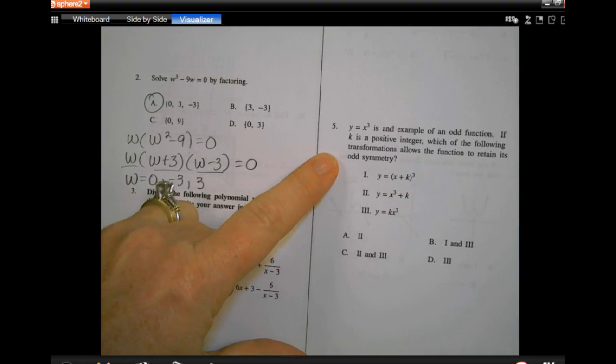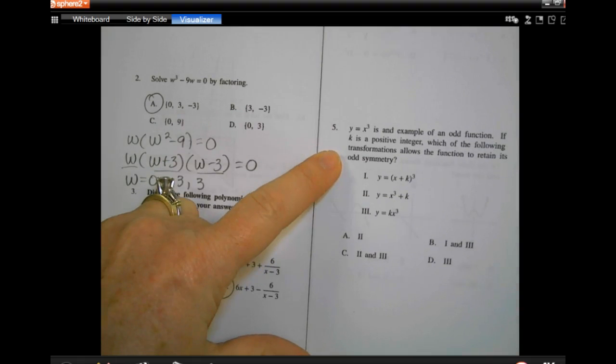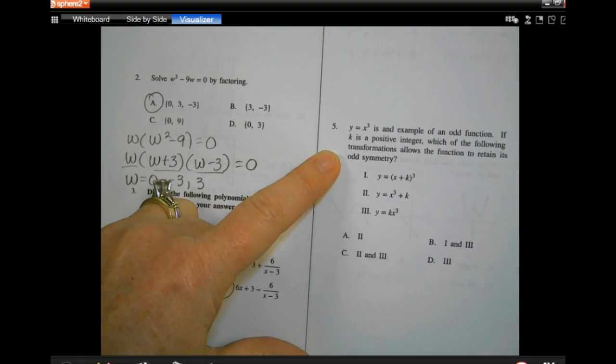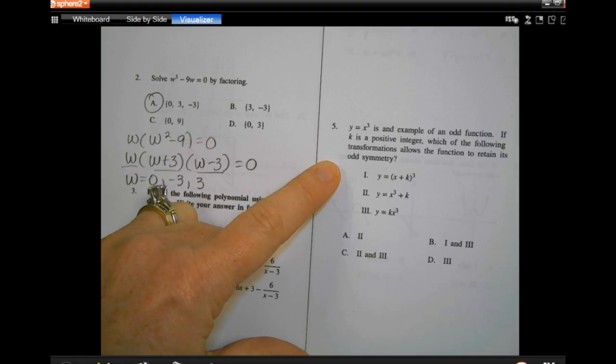The question asks, which of the following transformations allows the function to retain its odd symmetry? Which means no matter what you do, it still goes through 0, 0. So if I add k, which way does that shift the graph?